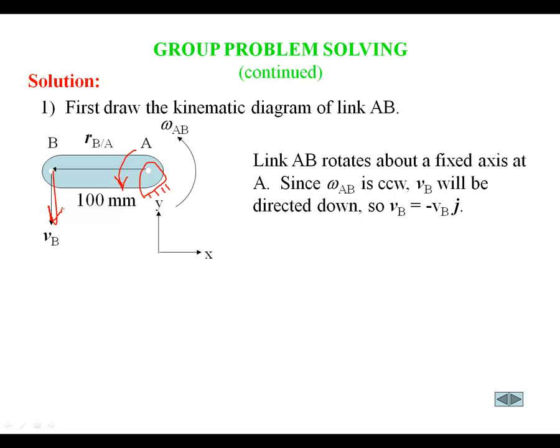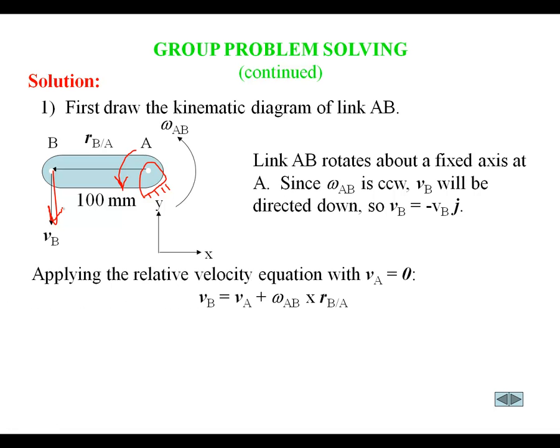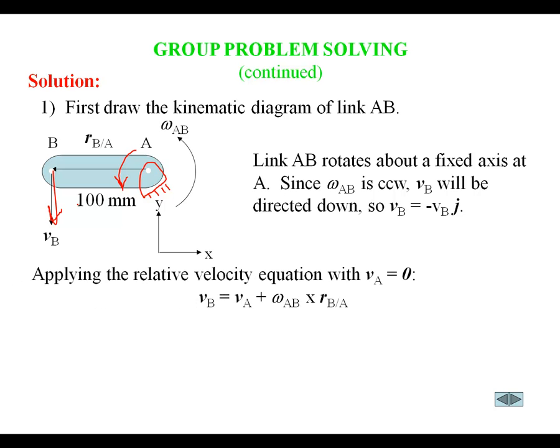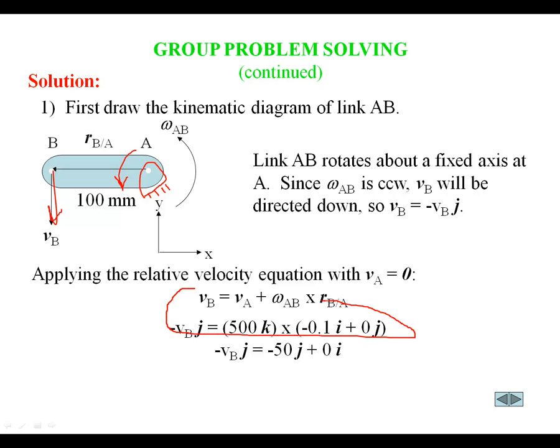So if I take this omega of 500, multiply it by this radius of 0.1 meters, then I will get my velocity. And of course, we didn't have to do this cross product. They're doing this cross product. We didn't have to do that.